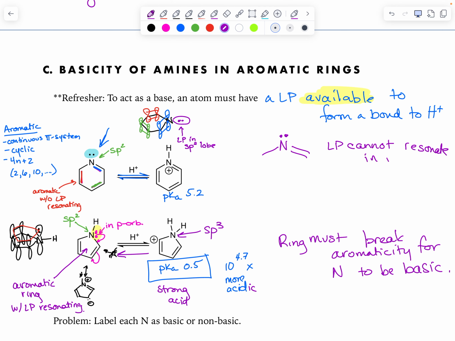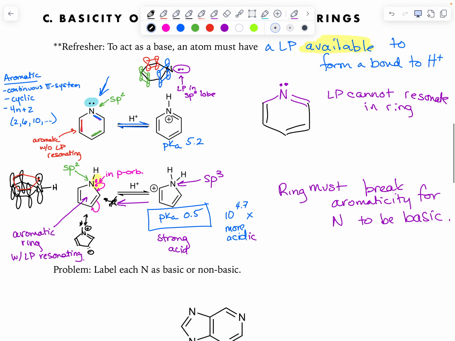Okay. What about the next 2? Do you want to make a statement about either the first one or the last one? The one on the left is going to be the most basic. Why is that? Because it's not doing any resonance at all.